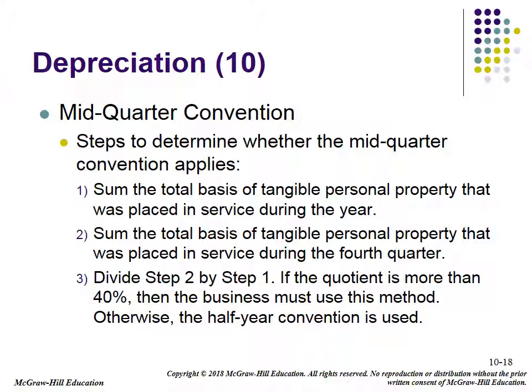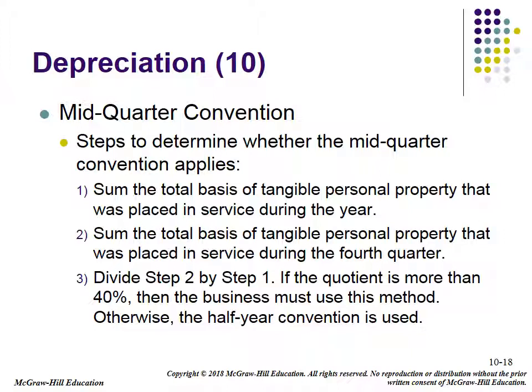So that would be, if you're a calendar year, October, November, and December. Divide the total into the amount you purchased in the fourth quarter. If the answer is more than 40%, you cannot use the half-year convention to depreciate the assets. You use what's called a mid-quarter convention.